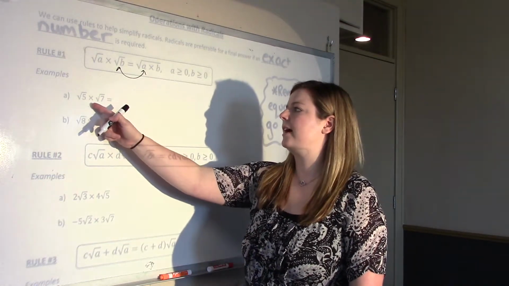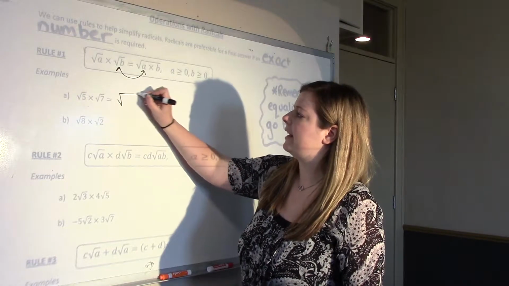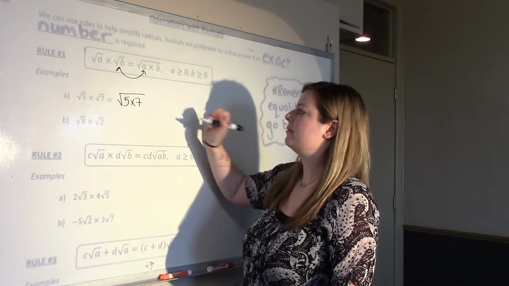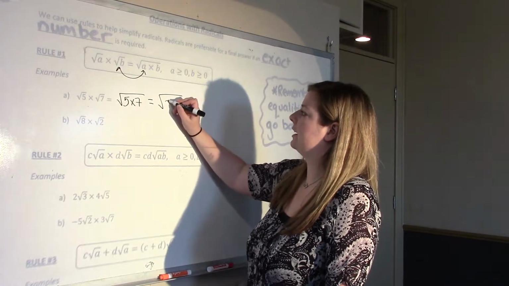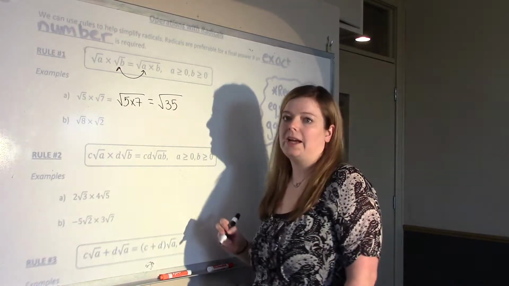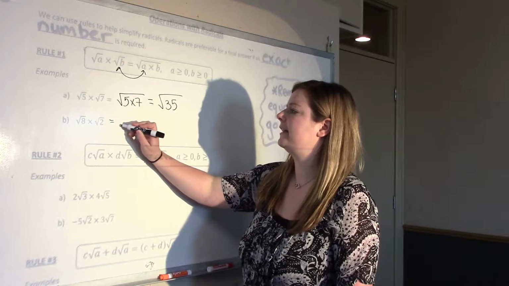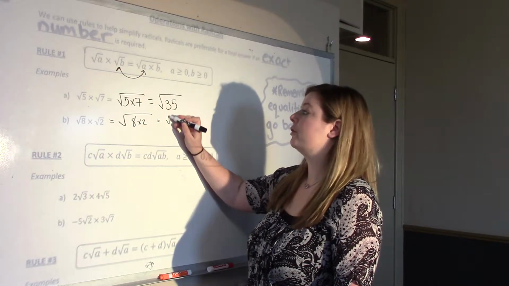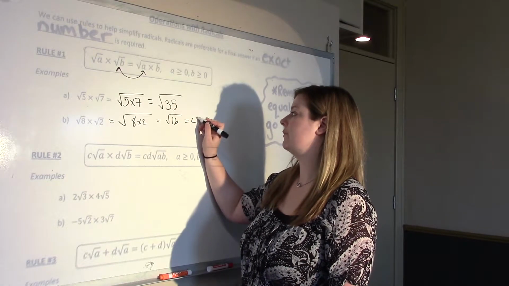So if you have root 5 times root 7, you can rewrite that as root 5 times 7, okay, which is equal to root 35, okay? If you have root 8 times root 2, you can rewrite that as root of 8 times 2, so root of 16, and aha, the root of 16 is just 4.